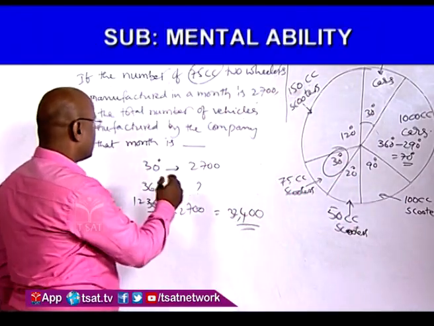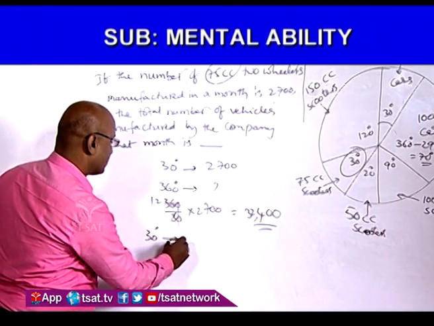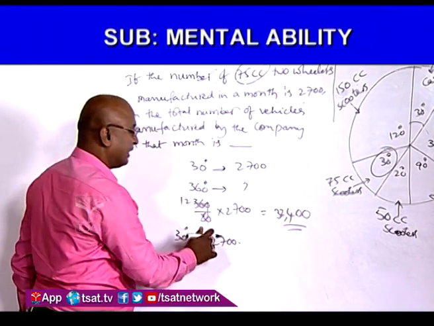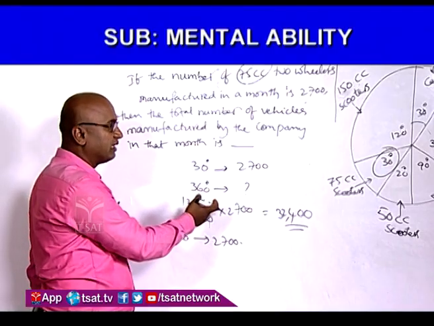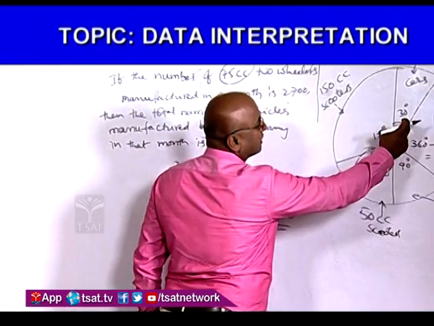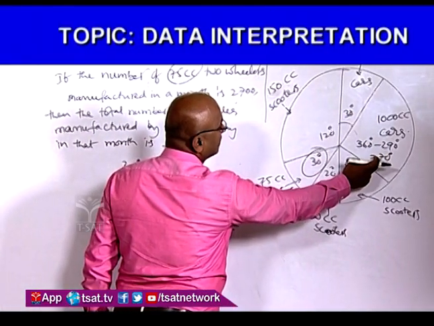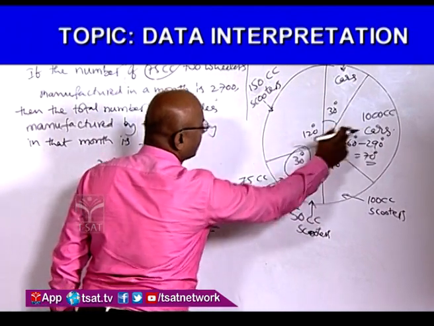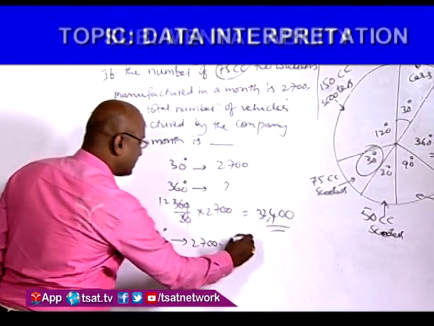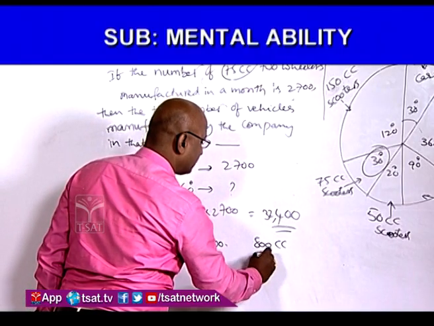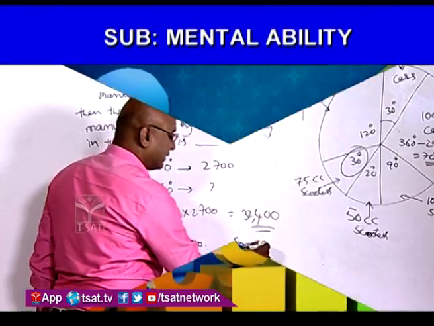Now see, suppose if 30 degrees is equal to 2700, then there is no need to find the total production. Directly you can find the difference in the production of 800cc cars and 1000cc cars.